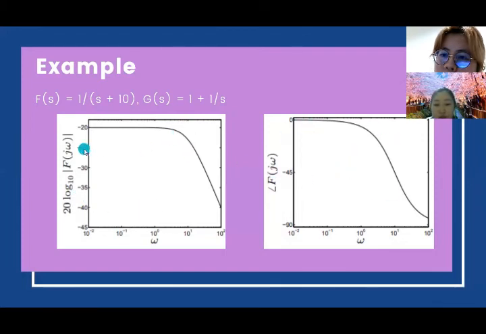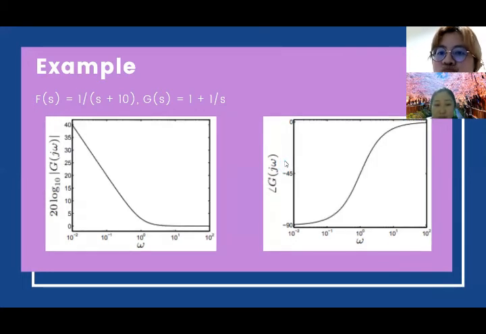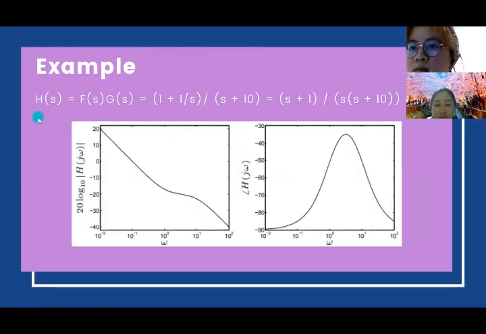The first one is 20 log10 |F| and the second one is about the phase angle of F. These two Bode plots are the same as before, however we just change from F to G. From that, we get the result: H(s) is equal to F(s) times G(s).